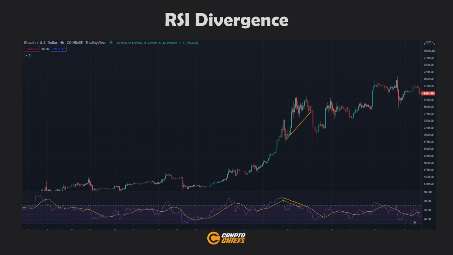I like to use it as a confirmation for entries, and I generally use the RSI Divergence as a signal. So if you don't use it already, it's a good idea. Just pull it up and before you enter trades, have a look and use it as confirmation. Even practice pulling up charts and trying to spot divergence, bullish or bearish, and see how you get on.